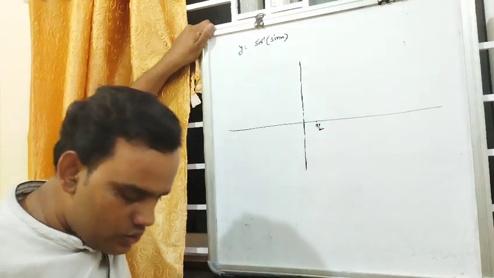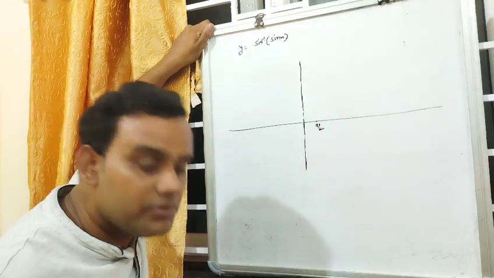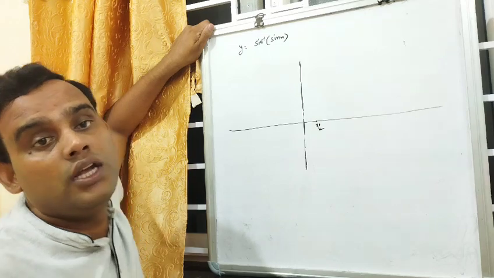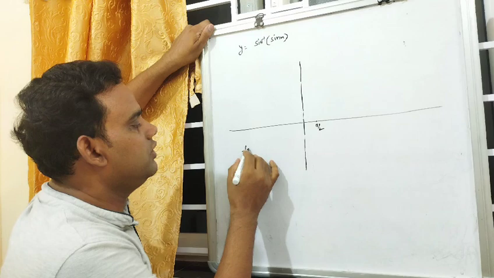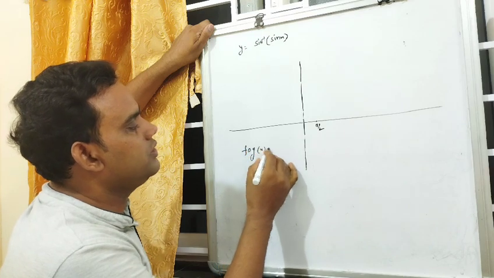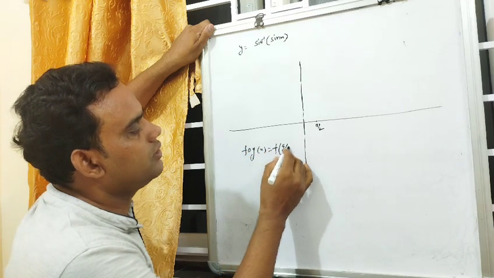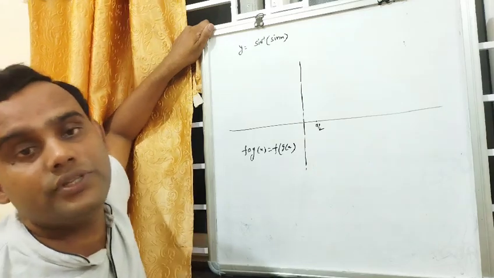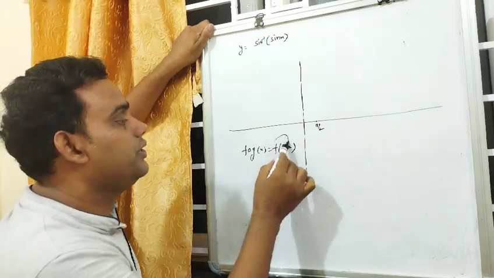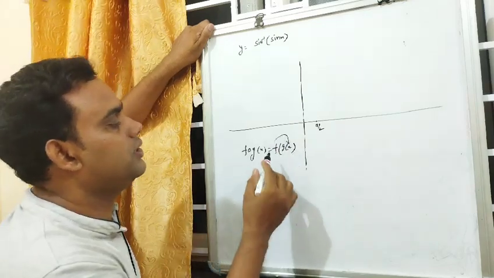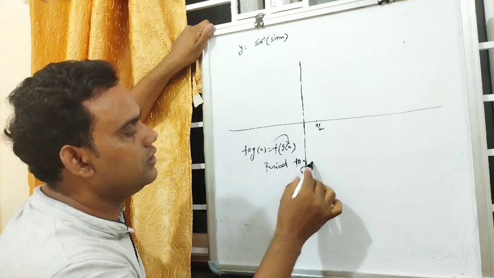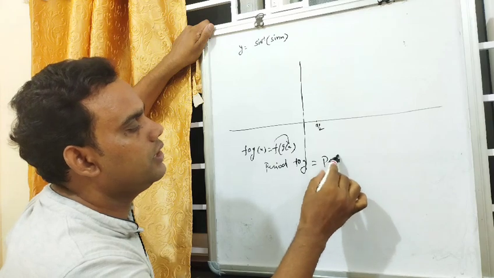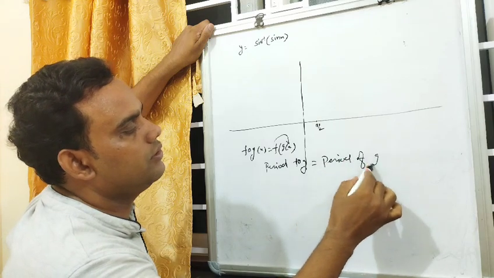What is the period? If anyone asks what the period of sine inverse of sin x is, so for any composite function f of g of x, if you ask what the period of this function is, the period of f of g is nothing but the period of g of x.